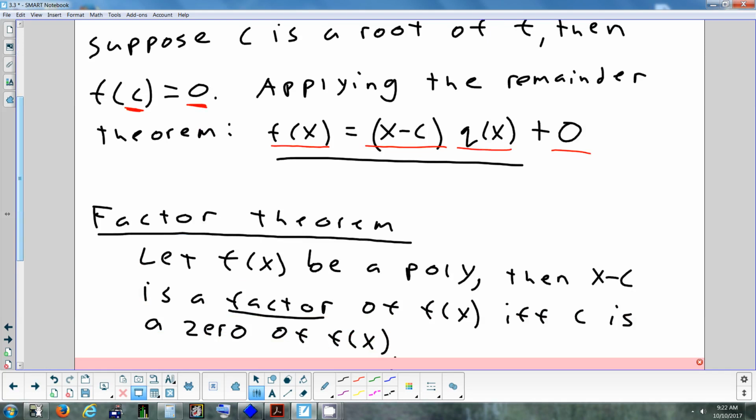So now if I gave you a polynomial and I said to you x minus 2 is a factor of my polynomial, then what that means is 2 is a root, or 2 is a 0. So we can kind of look at that statement both ways. If you know something's a factor, then you automatically know the root. If you know the root, then you automatically know the factor.